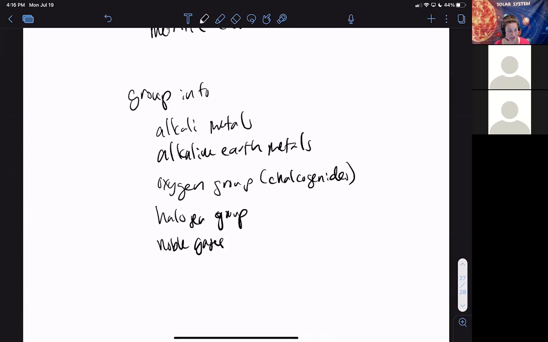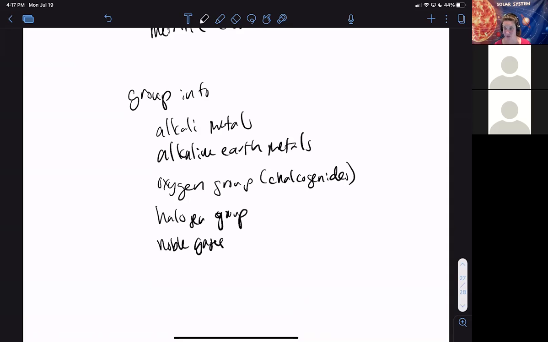With our halogens, this is the only group in which we see all three states. Fluorine and chlorine are in the gas state. Bromine is in the liquid state. And then iodine and astatine are in the solid state. As we go down our halogen group, first of all, our ionization energies are reasonably large.